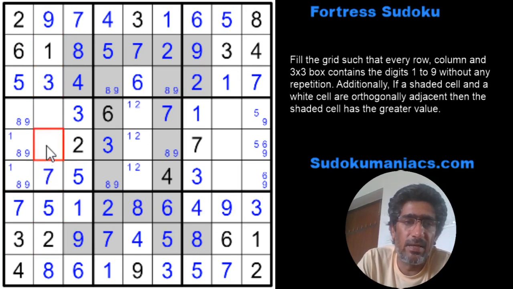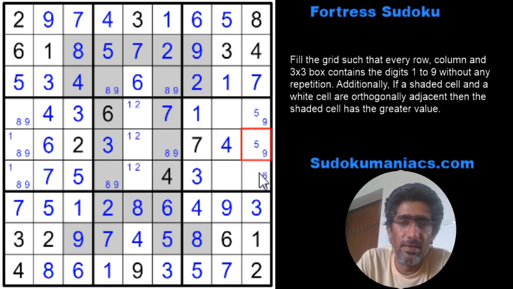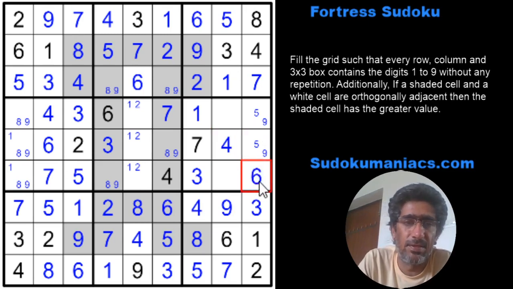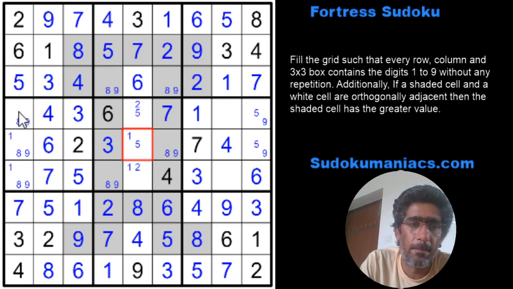So that's a 7, that's a 6, that's a 4, and I got the 4 here. Alright, 6 is there, so this is not a 6, this becomes a 6. So 5, 9. So this had to be a 1, 2 and 5 in the central cells. I can remove the 1 from here and the 2 from here.